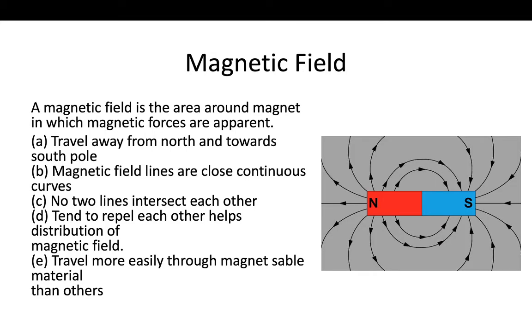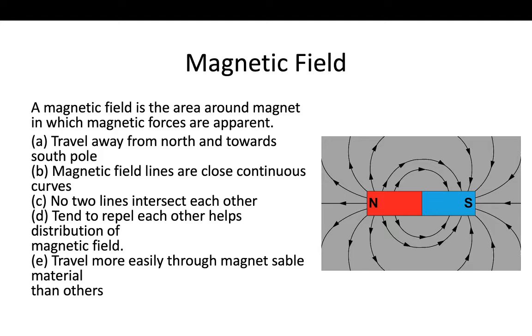So what are magnetic fields? Last time we studied electric fields, which went from positive to negative, and the lines were close together if the field was strong. Magnetic fields have almost the same, with a bit different properties. A magnetic field is the area around a magnet in which magnetic forces are apparent.